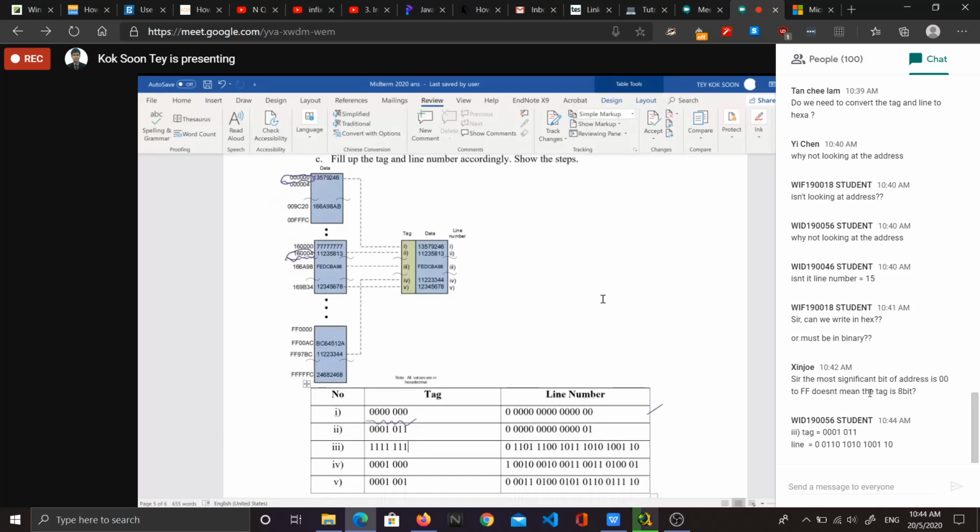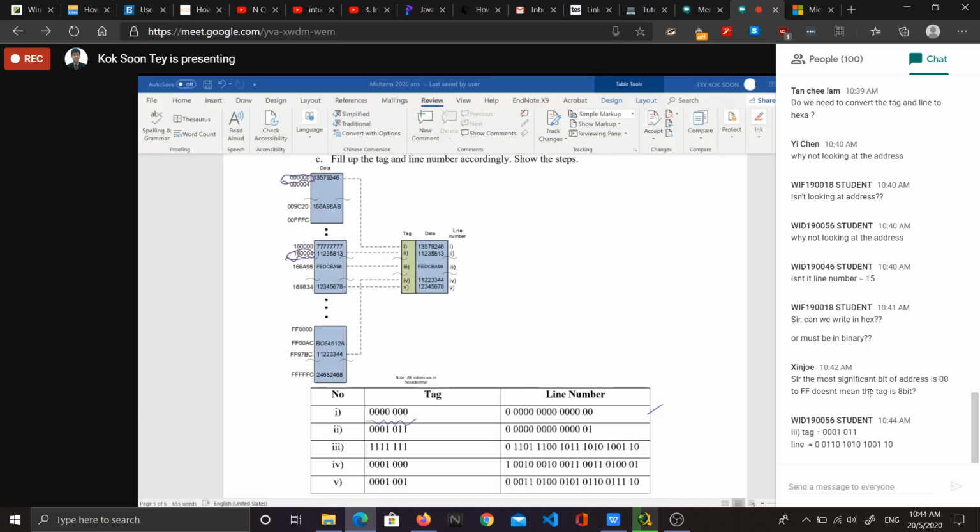No, we need to refer to how many bits the tag actually is, 7 bits, right? So it doesn't mean that we cannot look at the most significant bits. We need to know how many bits the tag requires, then only can we get the tag numbers.